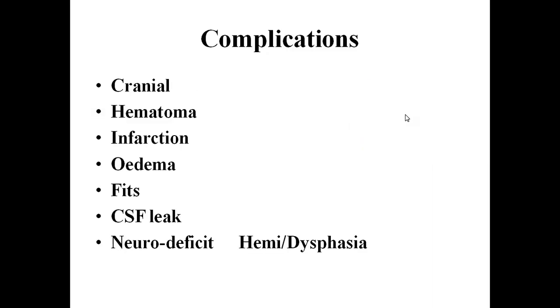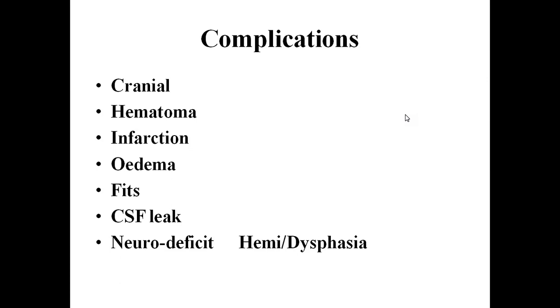So what can be the complications when we are going for craniotomy or for brain tumor resection? The risk of complication is always there. There is no surgery which is free of risk of complications, so we should always be ready for that.